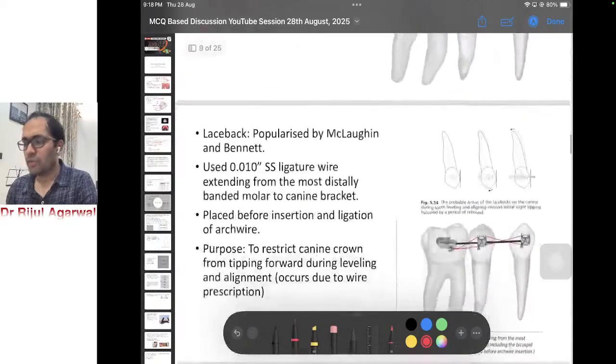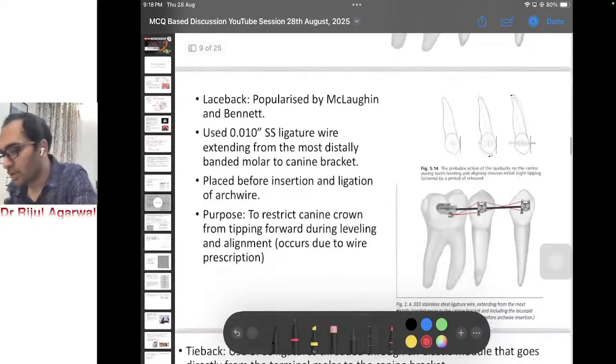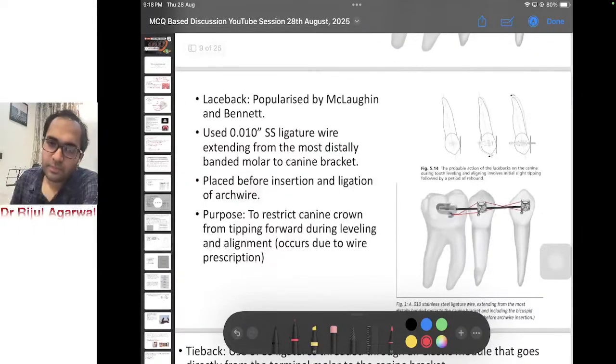So what is lace back first of all? Lace back was the term popularized by McLaughlin and Bennett. It uses 0.010 inch SS ligature and it is placed before insertion and ligation of the arch wire. In exam either you can get an explanation why it is given, or a question with an image.